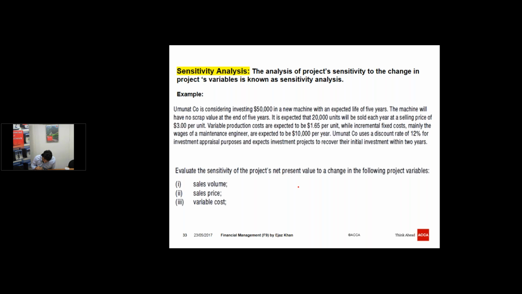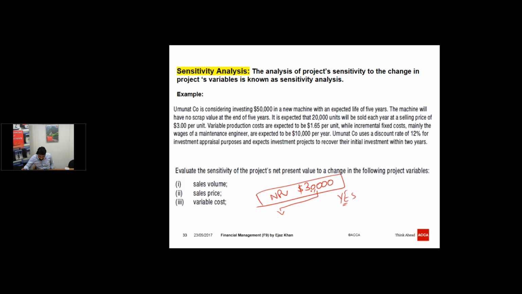For example, if a project has a positive NPV of say $30,000, I'm assuming it, and I ask you whether a company should go for it or not, the answer will be a big yes, because it's positive. But this $30,000 positive NPV depends on different variables like sales volume. When you have calculated the 30,000 NPV, you would have expected a certain sales volume every year.